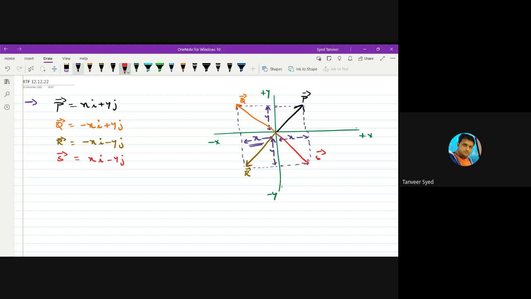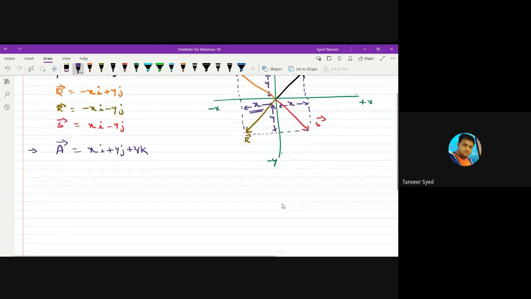Suppose I write a vector A. If vector A is written as xi plus yj plus zk, what does this mean?